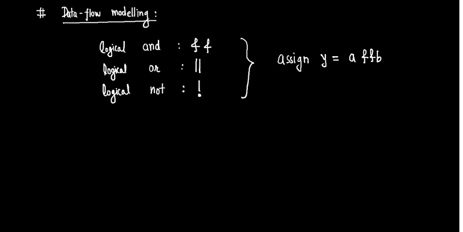But you should be very careful while using these operators. If the logical variables are scalars, use the double operators. If it's a vector and you want bitwise operations to happen, you use this only once. Okay, there is a difference.